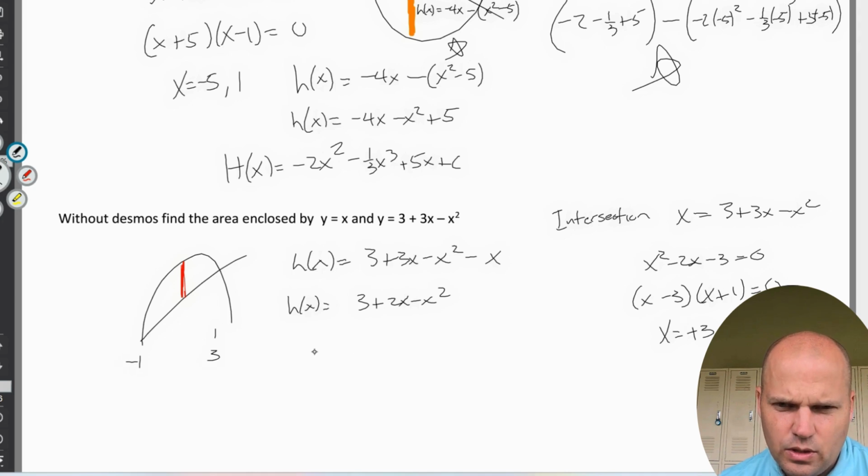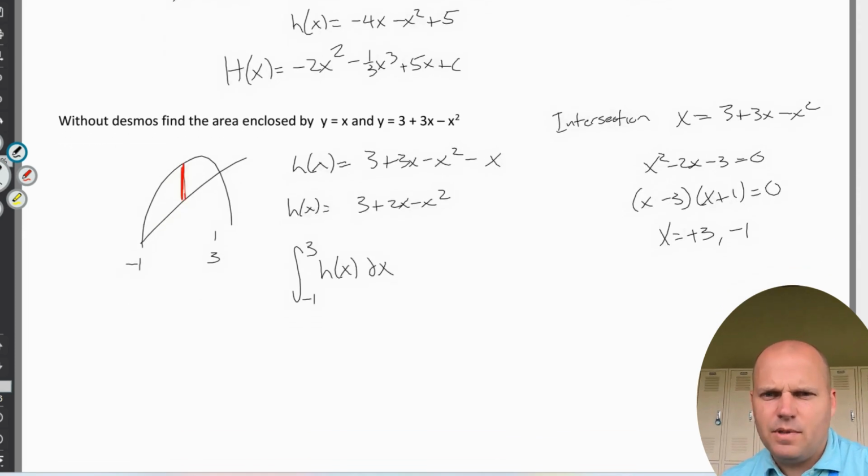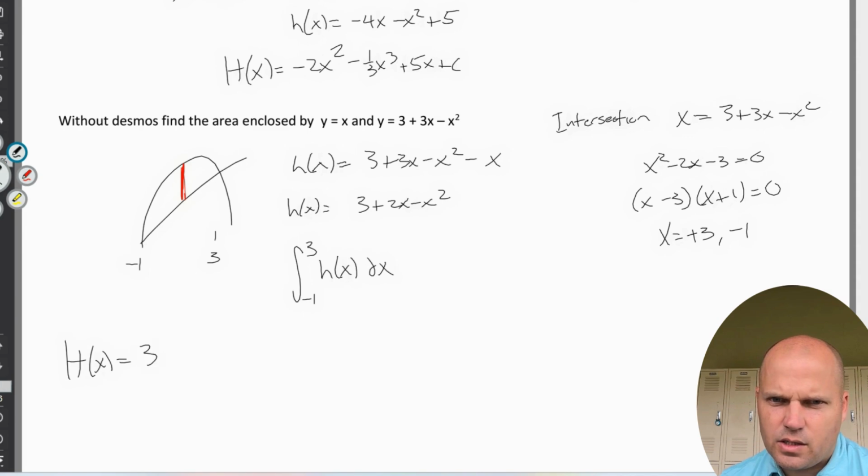So I need to sum up my heights from negative 3 to 1. I'm going to need super h, 3x plus x squared minus 1/3 x cubed plus c.